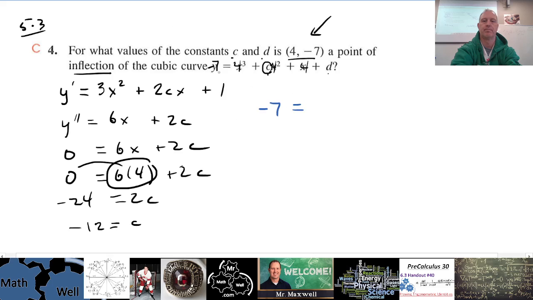Negative 7 in place of y here. And we'll go 4 cubed, which is what, 64? Plus negative 12 times 16, 4 squared, plus 4 plus d.